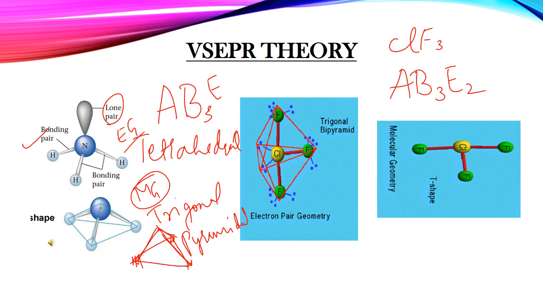Now in case of chlorine trifluoride, since there are 2 lone pairs, the electron geometry becomes trigonal bipyramidal. The image clearly depicts it. You have 2 lone pairs in the equatorial positions, one fluorine in the equatorial position and the other 2 fluorines on the axial position.